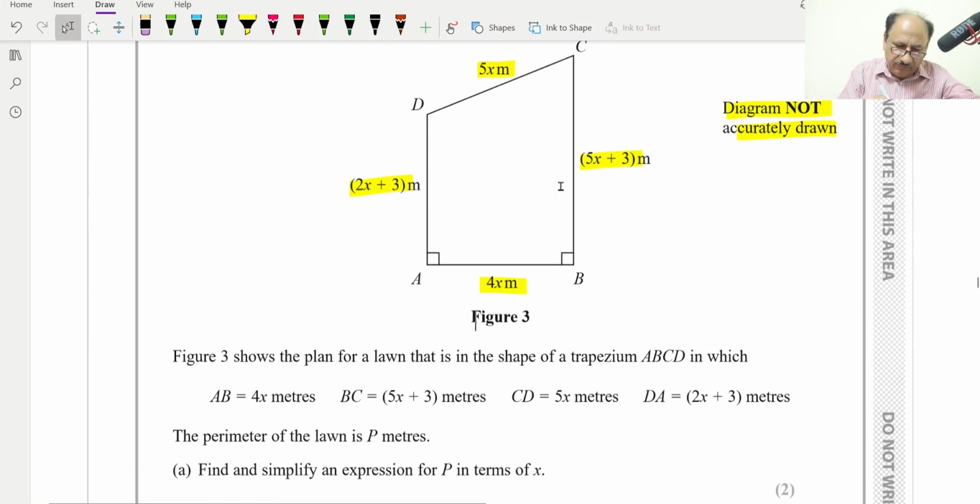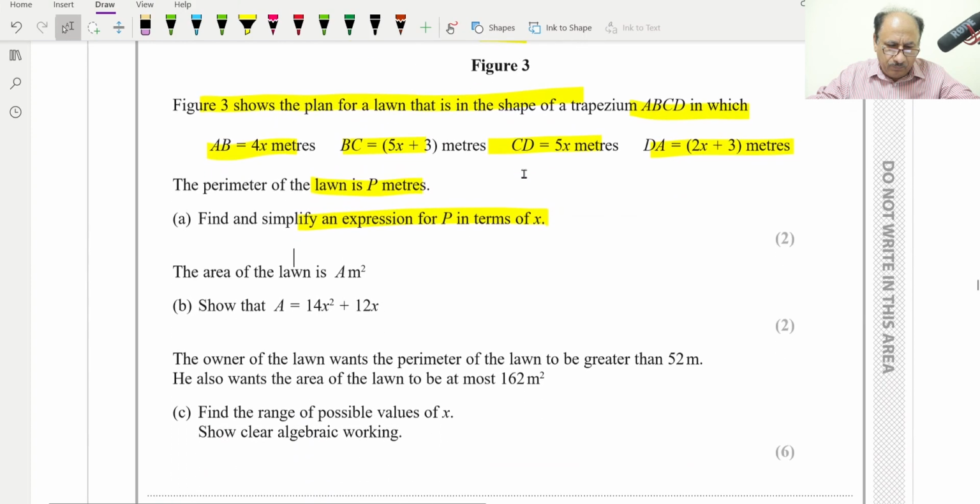They are saying Figure 3 shows the plan for a lawn that is the shape of the trapezium ABCD. The perimeter of the lawn is p meters. Find and simplify an expression for p in terms of x.